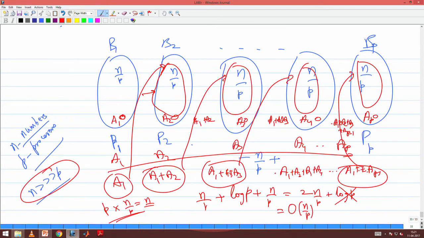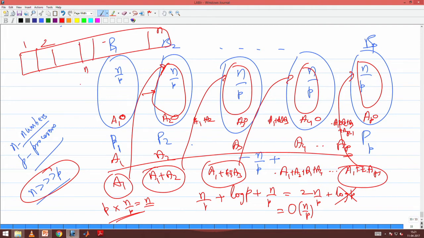Then go to the second one and take 150 here, meaning it will be already available. See, this is on a full array of n, 1, 2 till n. This is one array of n elements. P1 will read from 1 to n by p. P2 will read from n by p plus 1 to 2n by p.